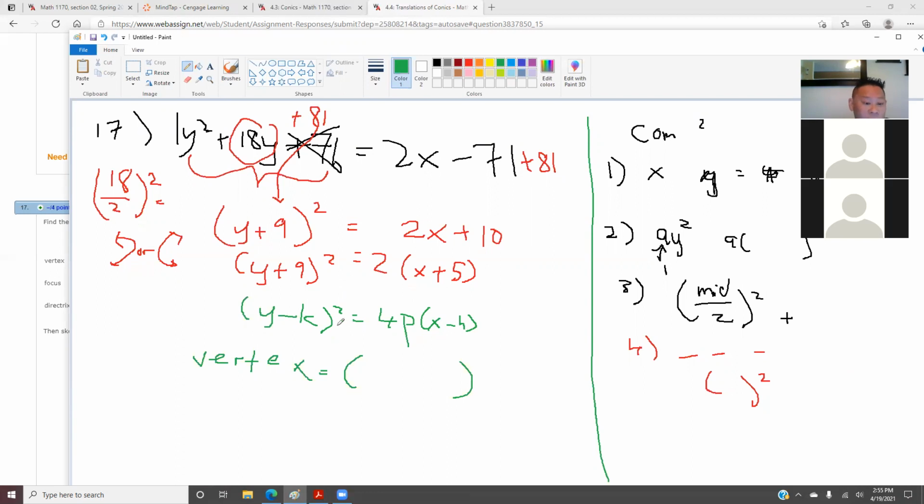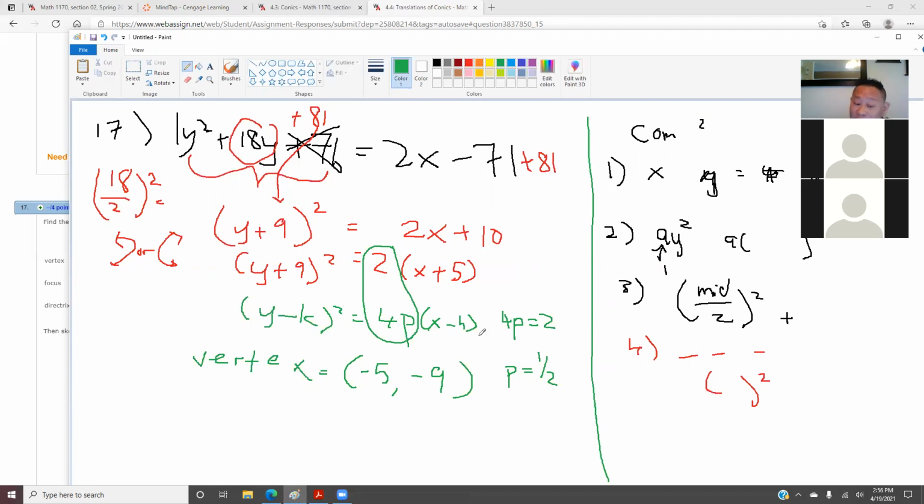Summer, Adam? H is -5 and K is -9. Yep. And then your P, you just take this, solve for it. 4p equals 2. P in this case is what? 1/2. 1/2.